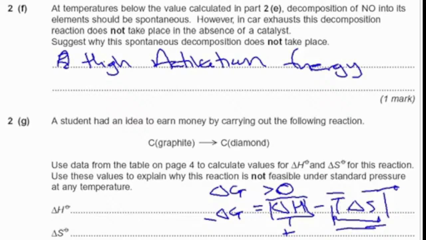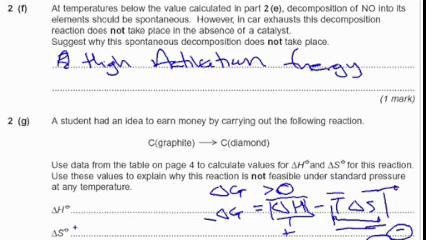And the way to think about it is if we take minus T and delta S, so we've got minus T times delta S, that's what this means. Then as soon as this is negative, a negative number, then you've got a negative here multiplied by a negative here, you're going to get a positive. Your number's always going to be bigger than 0.